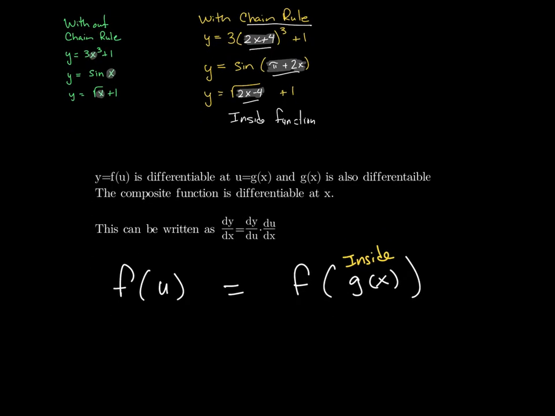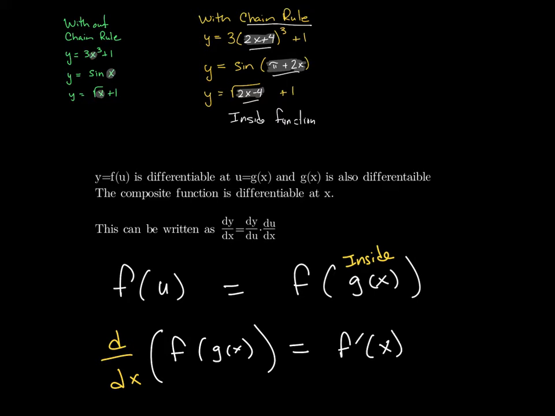This means that if I take the derivative with respect to x of this composite function, f of g of x, that is equal to the derivative of my outside function times the derivative of my inside function with respect to x.